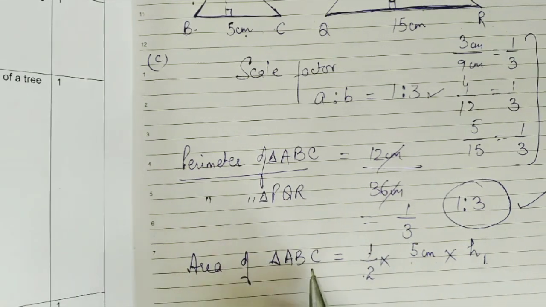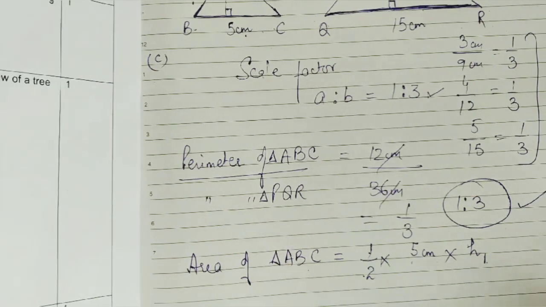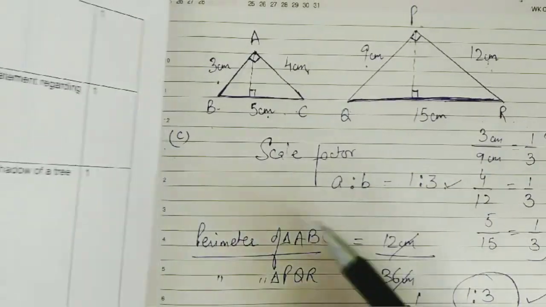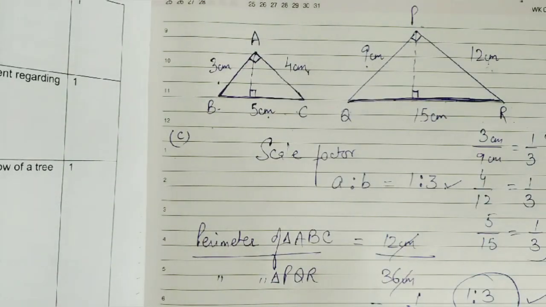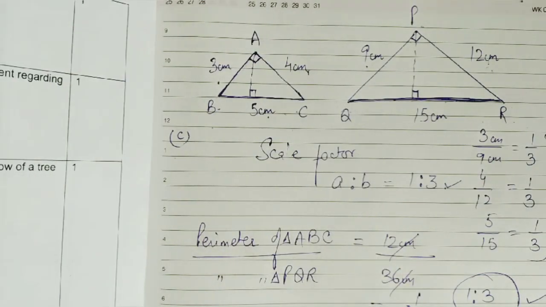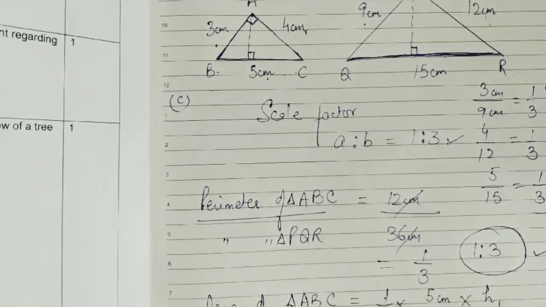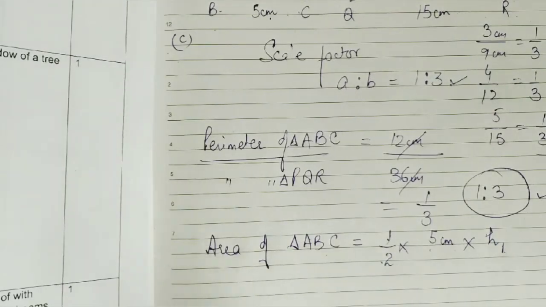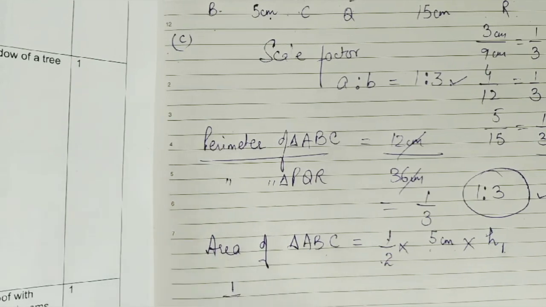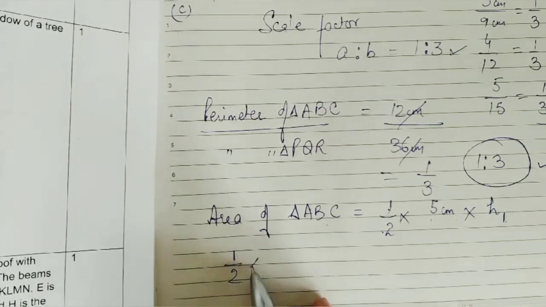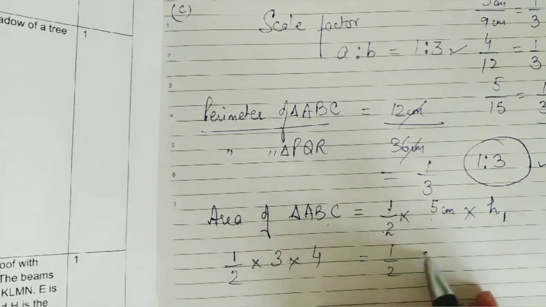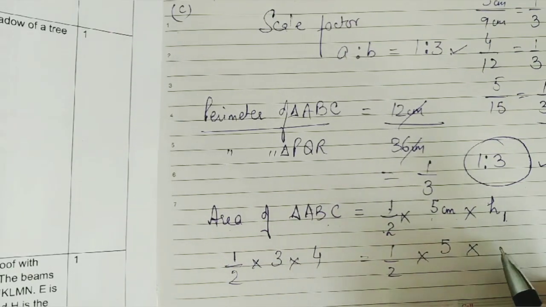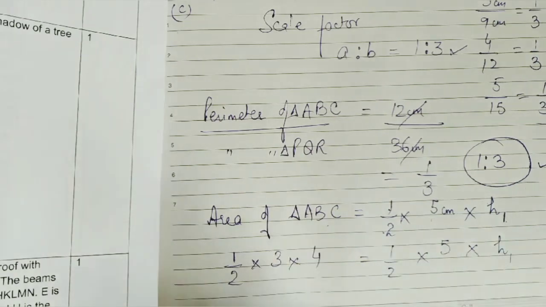How do you find the area of any right angle triangle? Because we know this is a right angle triangle. Over here an angle of 90 is formed. So the area of ABC would be half into base into height. So half into 3 into 4, and this is equated to half into 5 into h1.